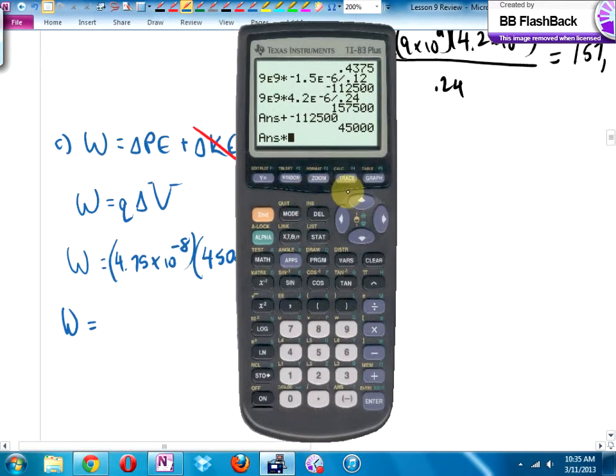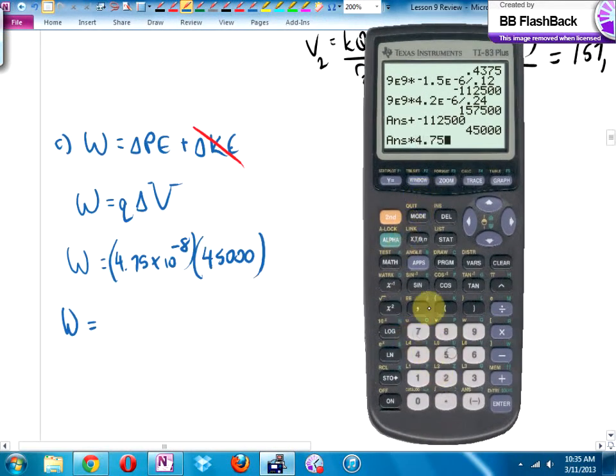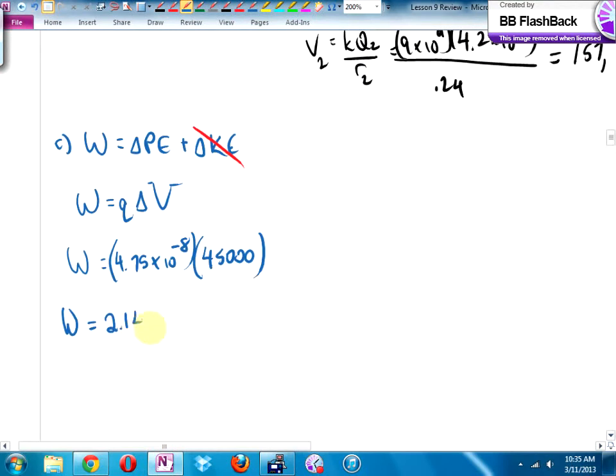Times 4.75 times 10 to the negative 8. And I get 2.14 times 10 to the negative 3 joules.